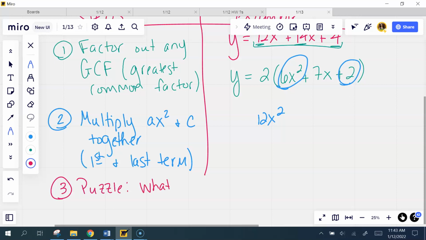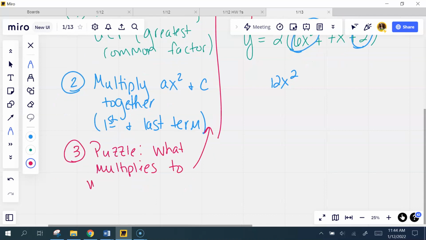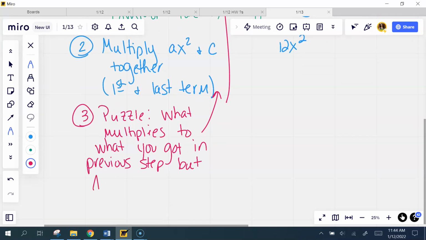And here's the puzzle. What multiplies to, in this case, 12x squared? So what you got in the previous step, but adds to your middle term.